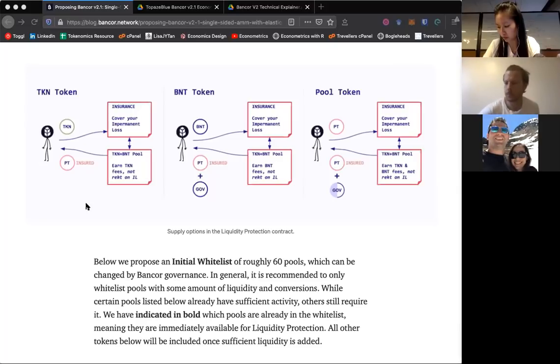Even though these pool tokens represent both TKN and BNT behind the scenes, when you unstake your protected position, the protocol mints the equivalent amount of BNT, gives you that BNT amount, and takes possession of the pool tokens that were allocated to your original stake. Okay. So in that sense, when you unstake a BNT position, you always receive the full amount in BNT.